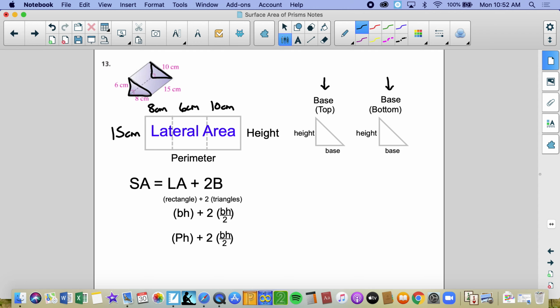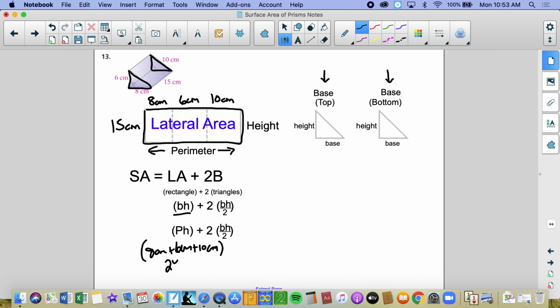So, again, this lateral area ends up producing a rectangle, and a rectangle has the formula base times height. This base ends up being the perimeter, so I'm going to take 8 centimeters plus 6 centimeters plus 10 centimeters, and that gives me 24 centimeters, and then I'm going to multiply it by its height, which was 15 centimeters.